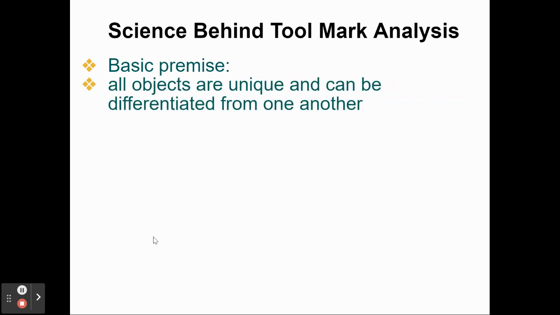All right. So when you look at what's involved in toolmark analysis, the basic premise is if you have some type of object, there are going to be some unique and identifying features that will allow you to separate that object from another object very similar to it.